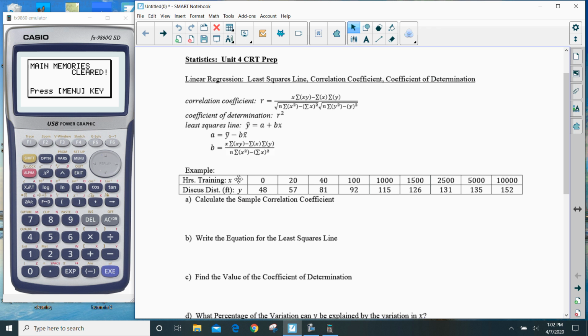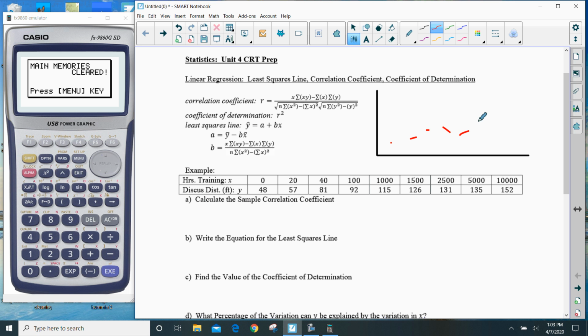All right, beginning. The whole idea behind this is that we have this XY table, which provides you with a scatter plot of some sort. If I plot these concepts right here, I will come up with a scatter plot that looks something like that.